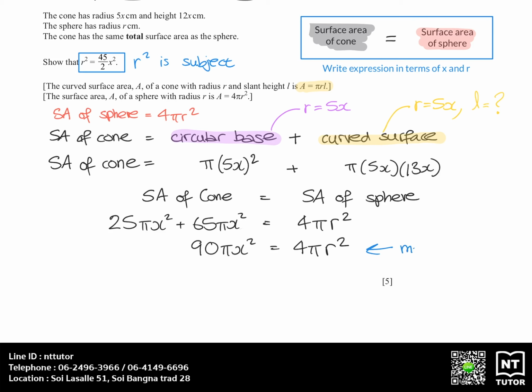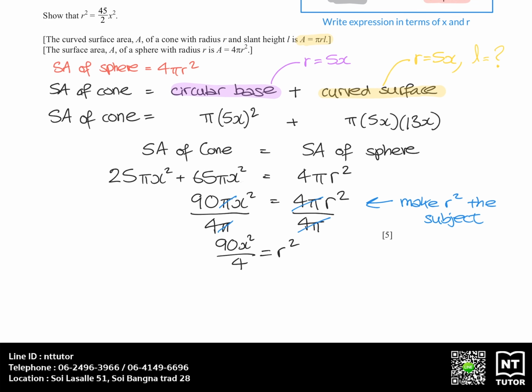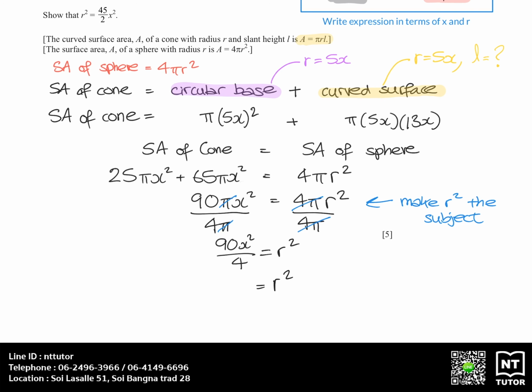So we should be trying to rearrange our expression so that r squared is the subject of the formula. And we have 45x squared divided by 2 equals r squared, which is the same thing as r squared equals 45x squared divided by 2.